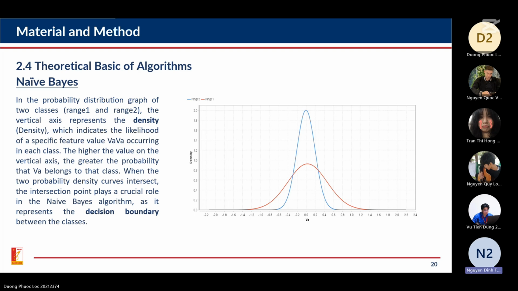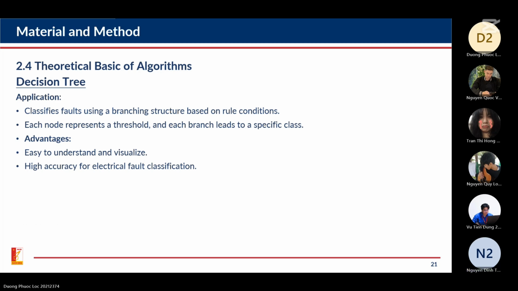Slide 21 is about the decision tree algorithm. The application is to classify faults using tree structures based on rule conditions. Each node represents a test, and each branch leads to a specific class. The advantage of this is that it is easy to understand and visualize, and it has high accuracy for electrical fault classification, not detection.